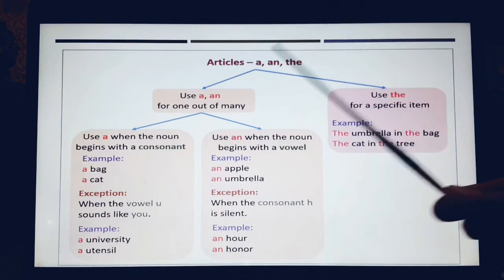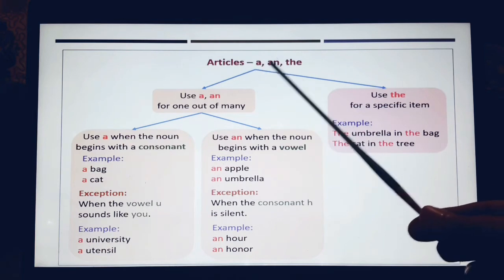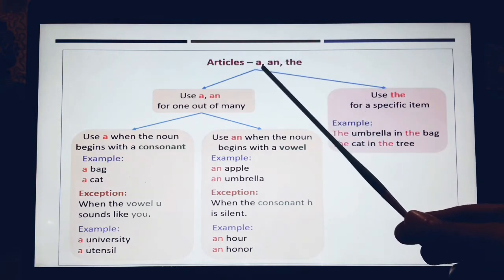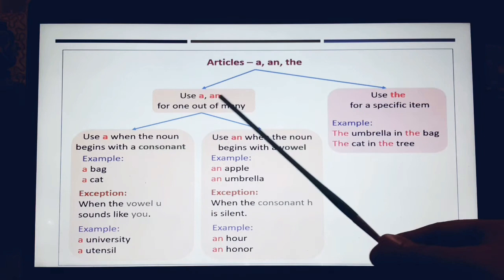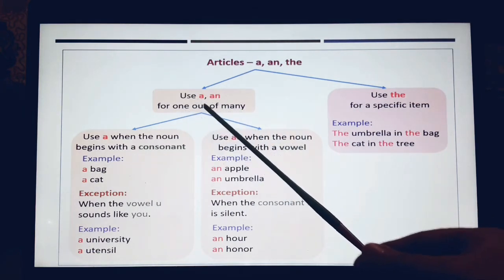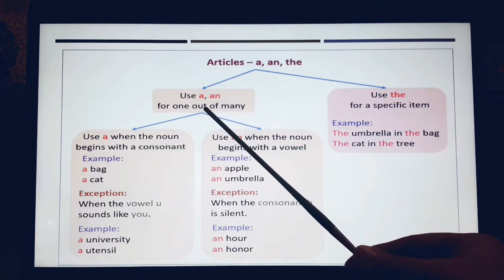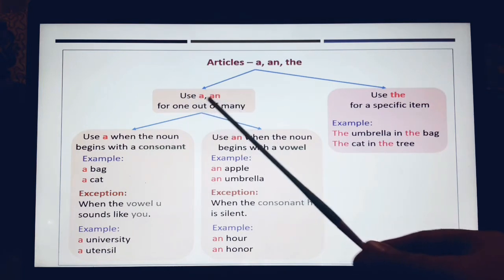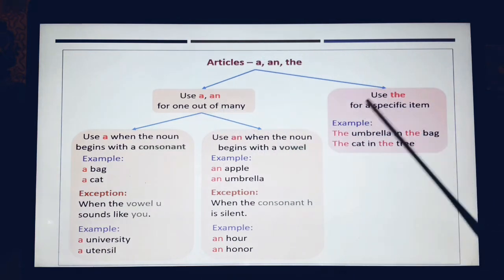Another diagram, that is, here you can see article a and the. Use a or an for one out of many. That means for only one noun, singular, you will use a or an. And you will use the for a specific item.